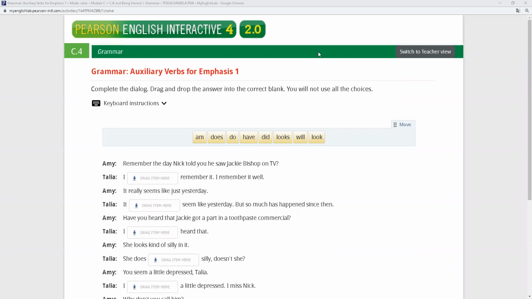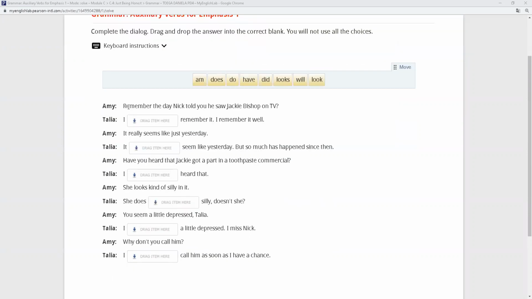Ya está. All right, can you please read the instruction? Complete the dialogue, drag and drop the answer into the correct blank. You will not use all the choices. Remember the day Nick told you he saw Jackie Bishop on TV? I do remember it.